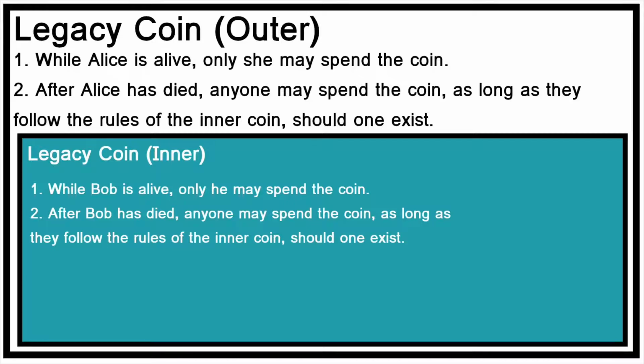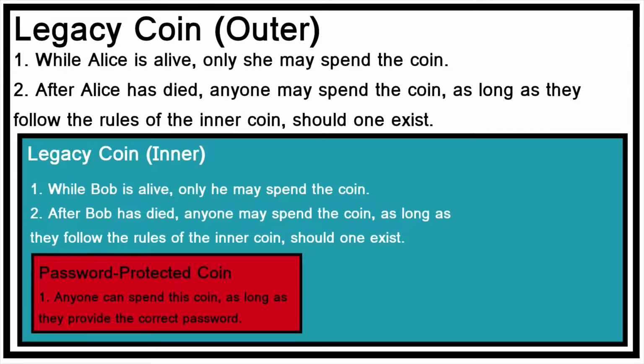But to finish it off, just for this tutorial, I'm just going to put another very simple coin inside of this inner coin, and that's a password protected coin, which only has one rule, and that's that anyone can spend this coin as long as they provide the correct password. So the way I'm thinking about this is maybe Alice wants to give, if Bob also dies, maybe she wants to give the money to charity.